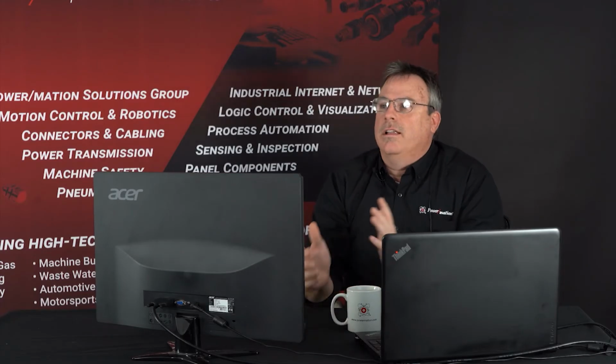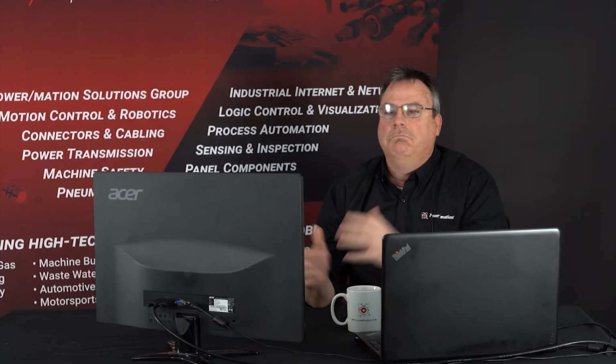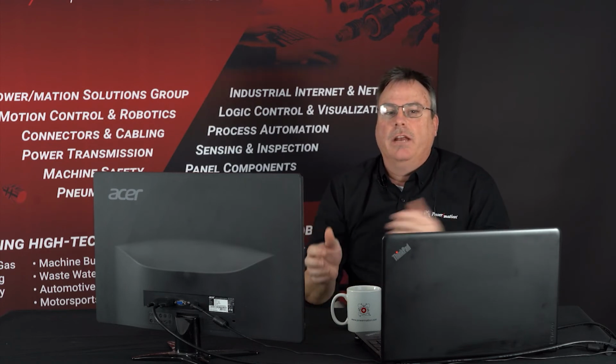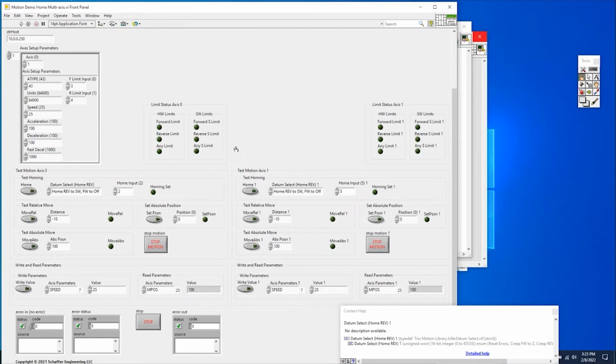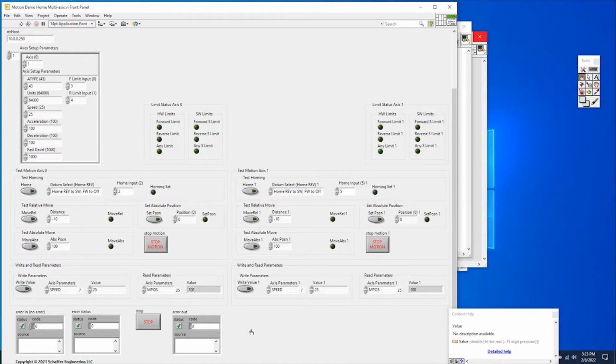Hey, Eric, if someone is not a motion control expert, are they going to be able to work through this and understand everything that's going on? Well, everything here is high level. You don't need to know how to do an ActiveX or any of this. You can go directly from the examples and take a look and see how any of these moves are done, such as let's take a look at a relative move here.